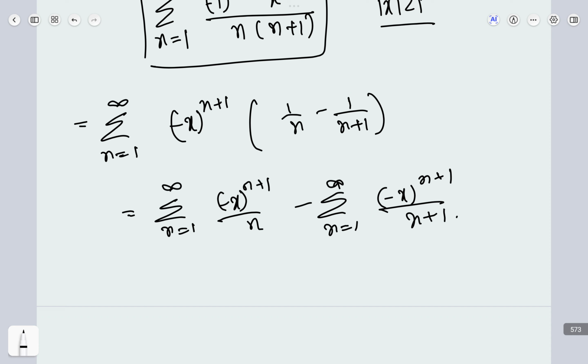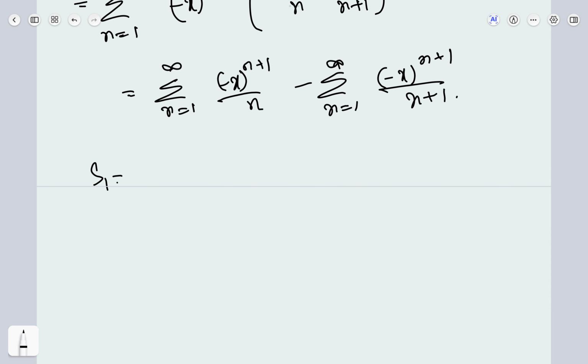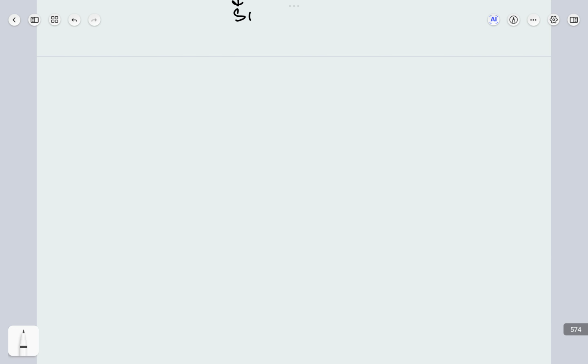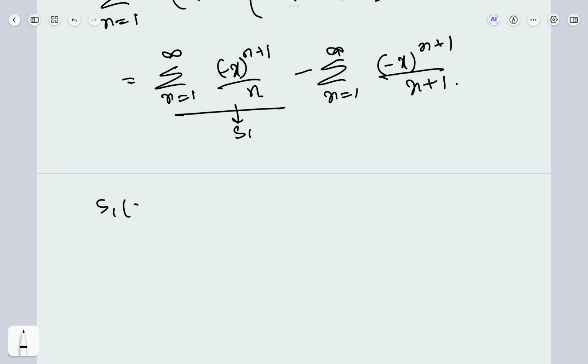And this, right? So S1 can be this series. Let's say this is S1. So S1 as a function of x is minus x power 2 by 1 plus minus x power 3 by 2, and so on.